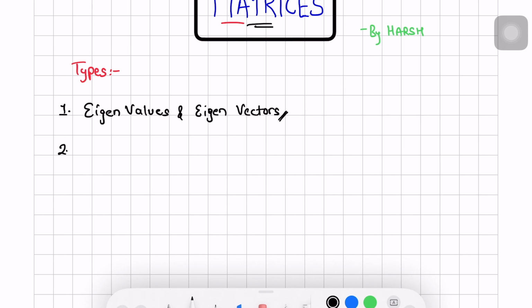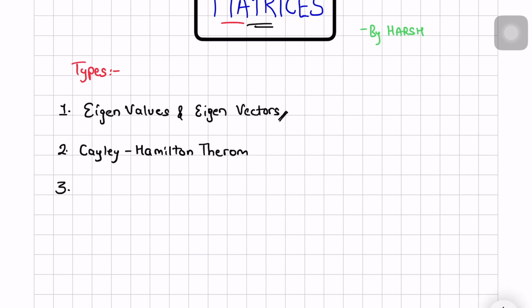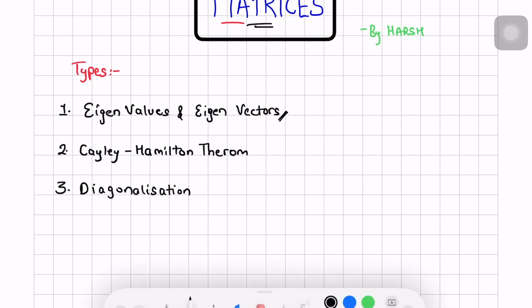The second type in this topic is Cayley-Hamilton theorem, or you can call it CHT. And the third subtopic that we have in matrices is diagonalization. It is also called similarity of matrices.